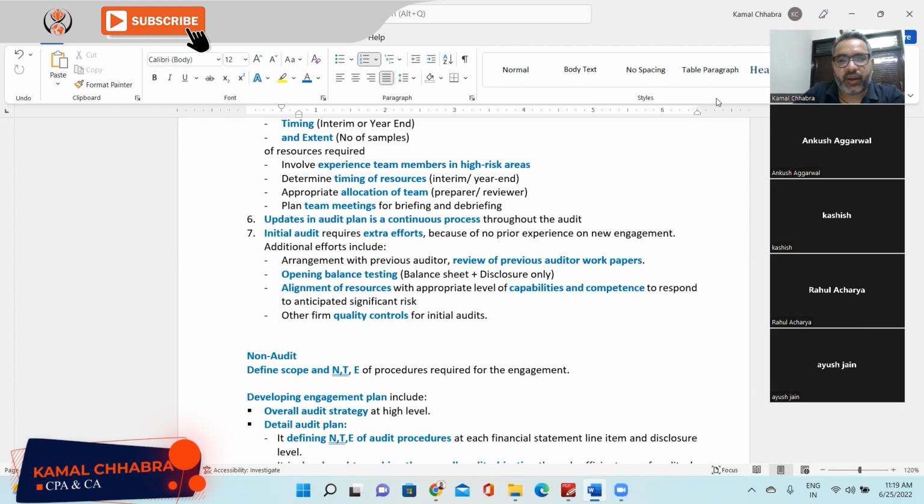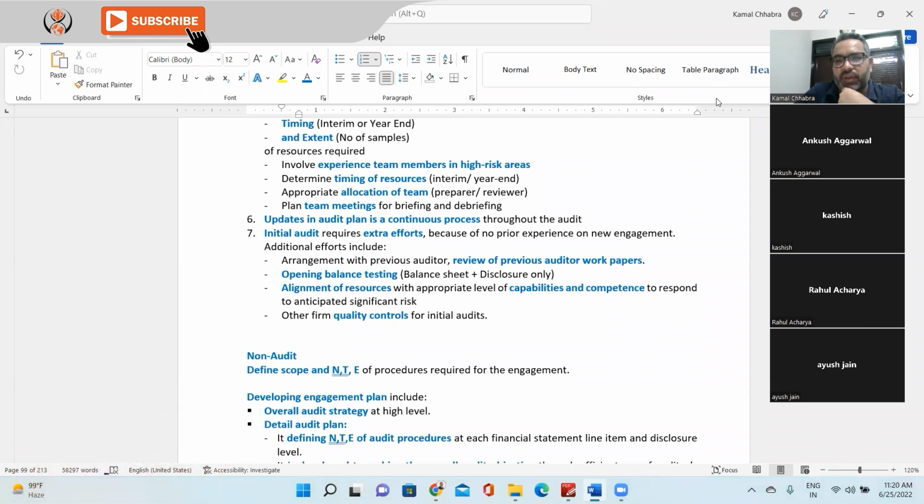What could be the scenario when you are conducting an audit for the first time? No, when it is called an initial audit or first-time audit, when you are auditing the client for the first time.